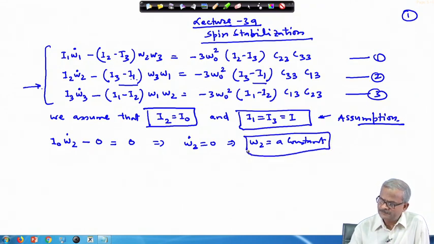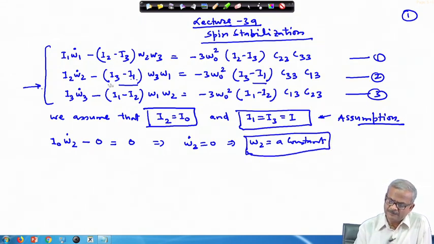So, under this situation a constant angular velocity can be maintained along the body axis. The rest we have to deal with is the first and the third equation.